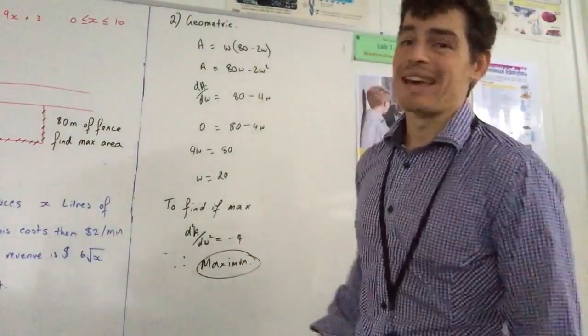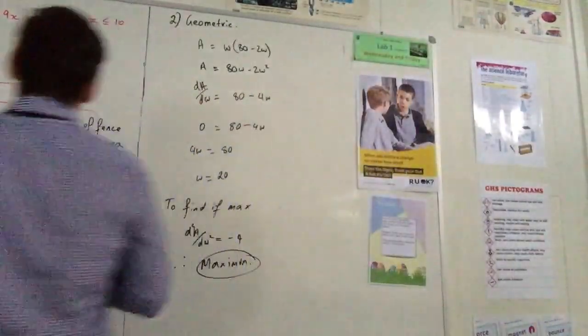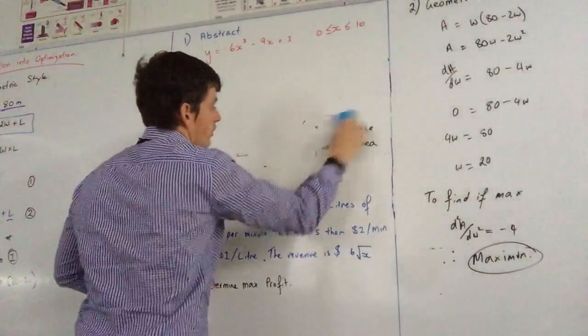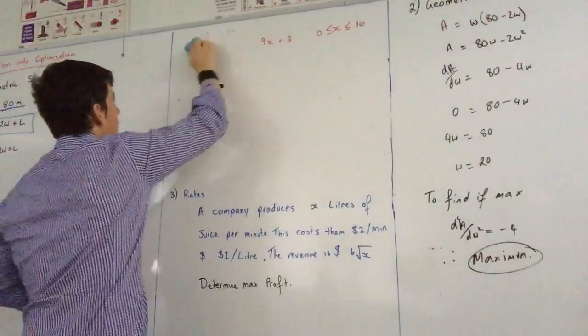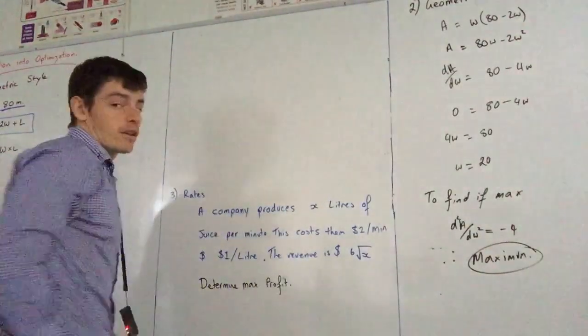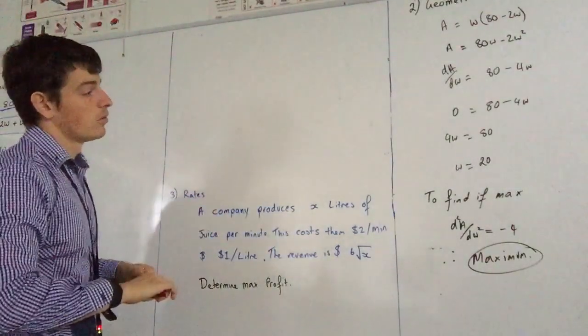I'm just going to rub this stuff out because I'm not far off finishing. So I know my W, I know that it's a maximum. Now I need to find my length, and I need to find out my area.